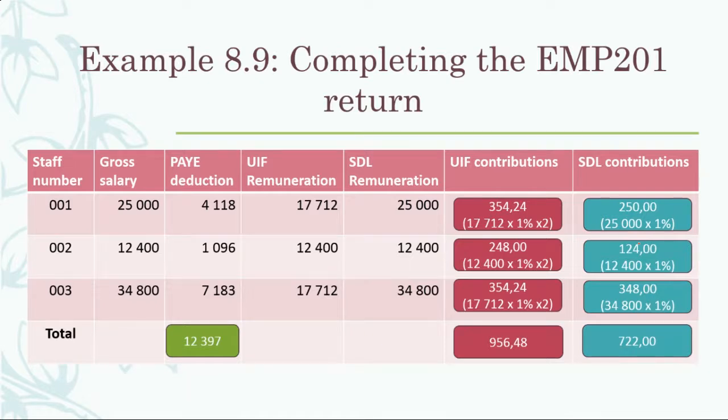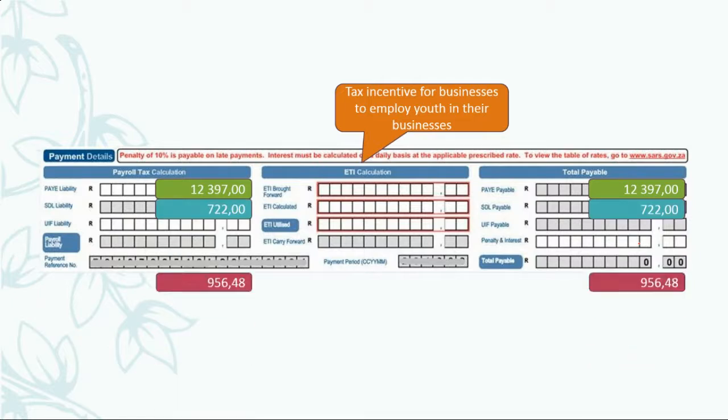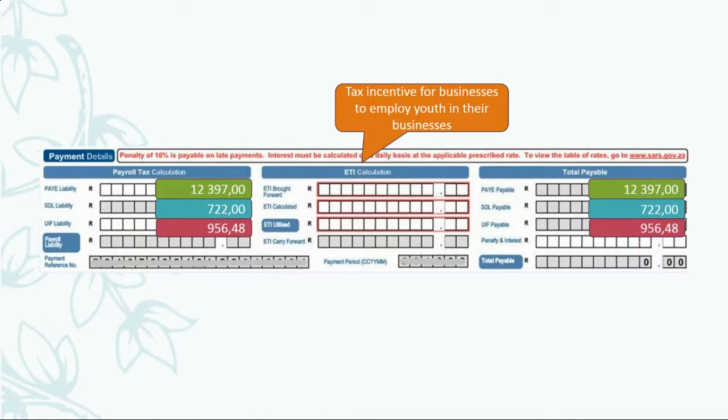So let's quickly look at how you would complete it. You would put in the pay as you earn there at the top. You would include the SDL liability and then your UIF liability, and then your total at the bottom should agree back to your accounting records. Okay, and that is how you complete an EMP 201 return.